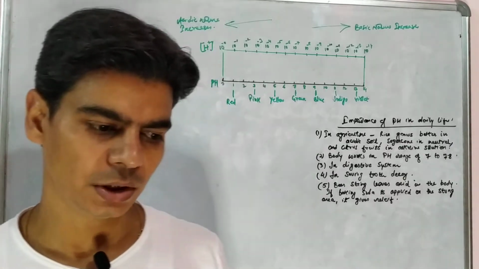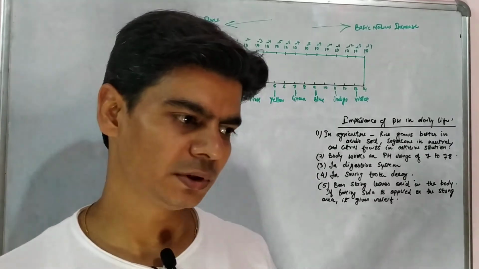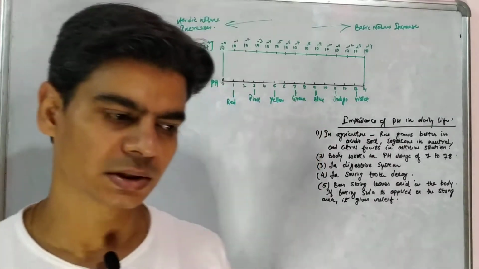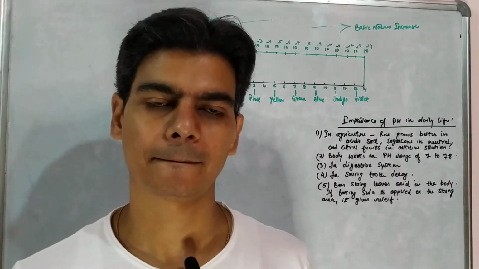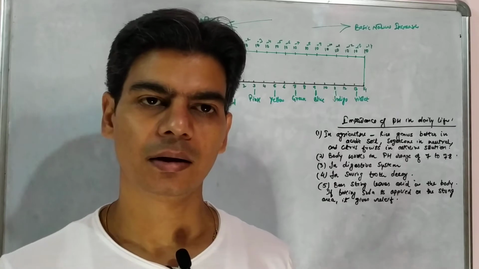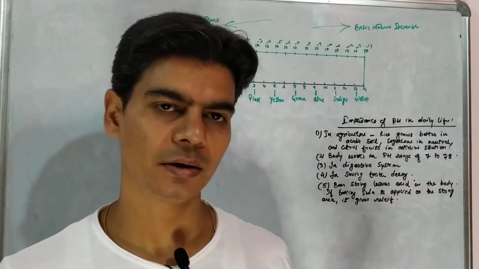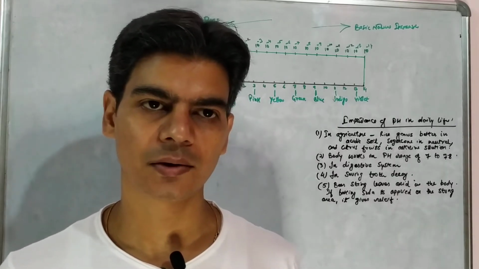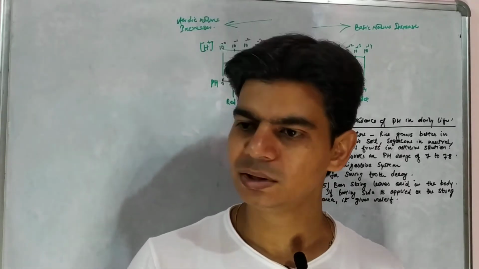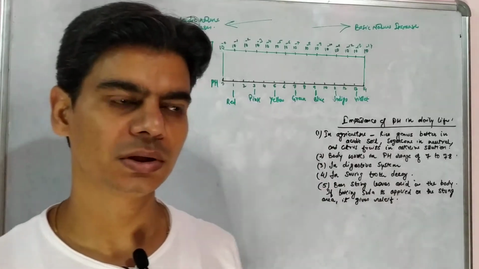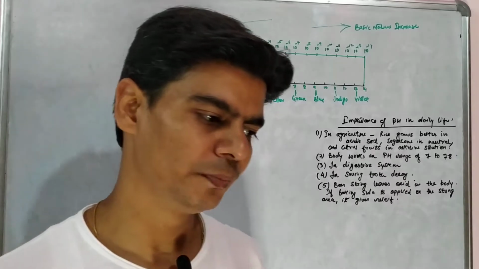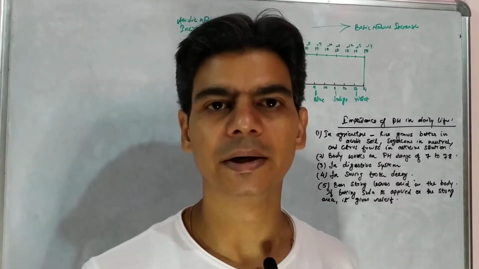But how will you check if you are given two unknown solutions, and one is acetic acid and one is hydrochloric acid, that is, one is a strong acid and the other is a weak acid. Similarly, if potassium hydroxide and ammonium hydroxide are given, one is a weak base and the other is a strong base. In such cases, instead of using these simple indicators, we use something called a universal indicator.